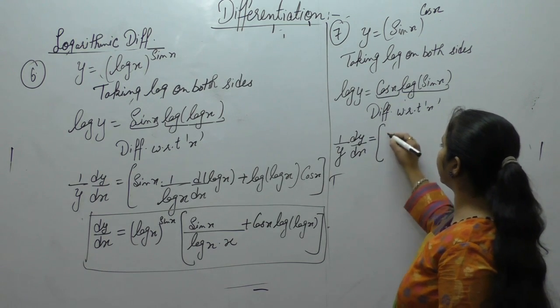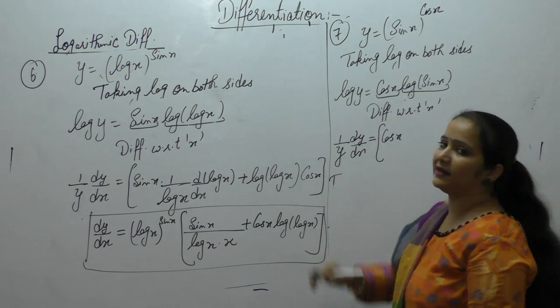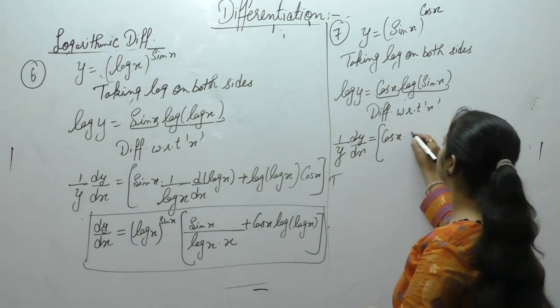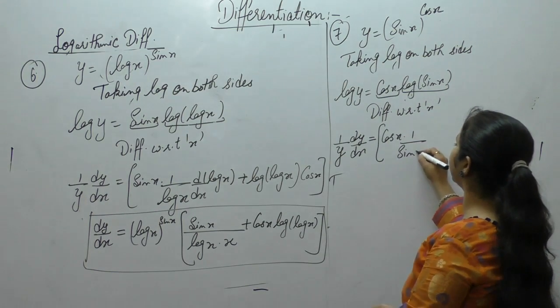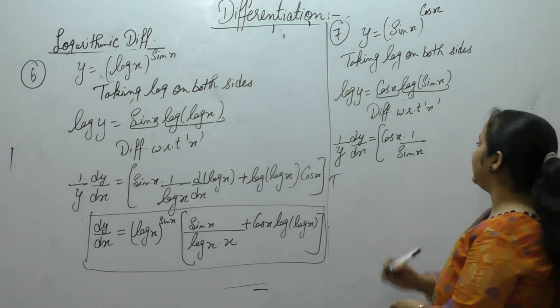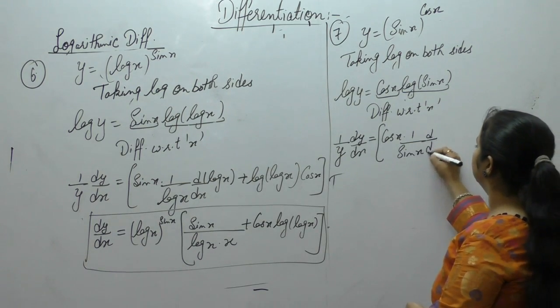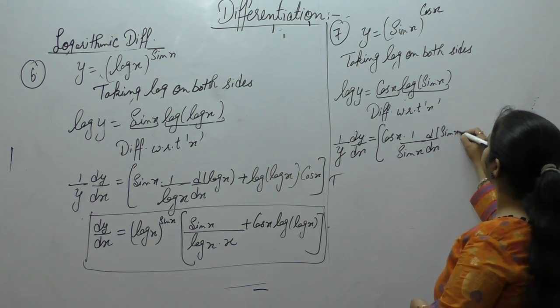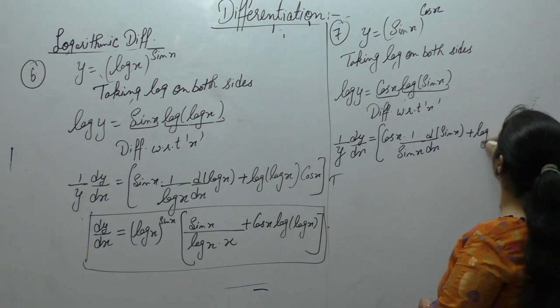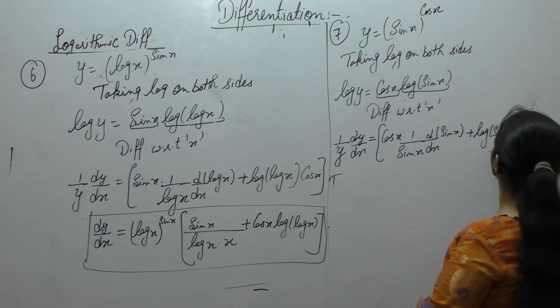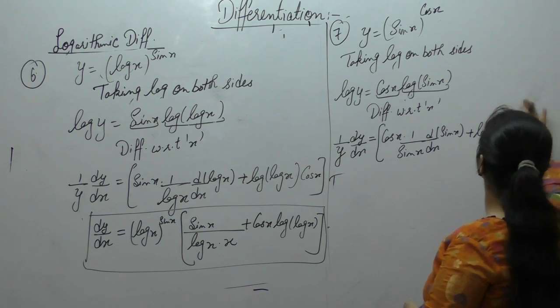Differentiate with respect to x. First function, derivative of log of x is 1 upon x, where x here is sin x. Now derivative of sin x, plus second function log of sin x into derivative of cos x, which is minus sin of x.